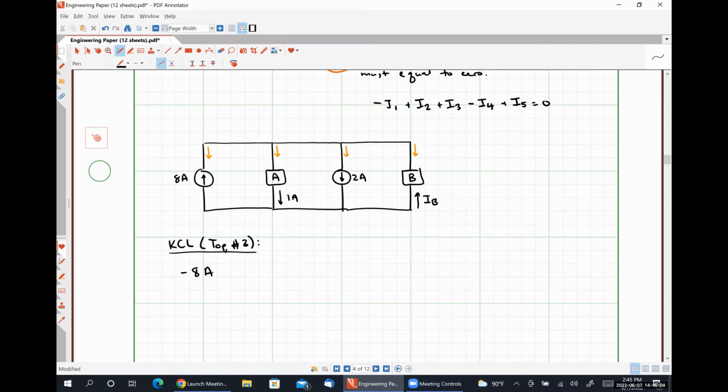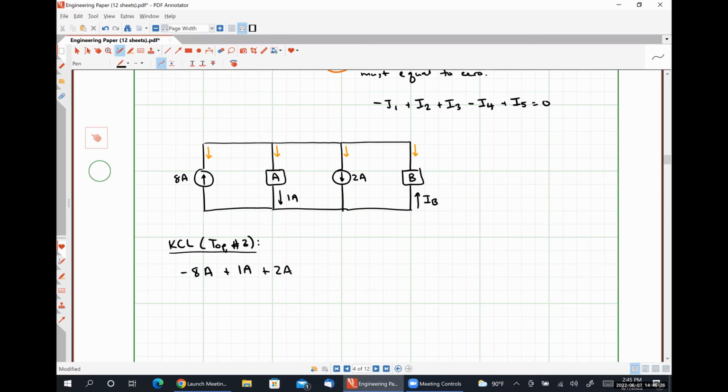The current flowing down through element A is in the same direction as that 1 amp that I've indicated, so I will have plus 1 amps. The current flowing down through my rightmost source is in the same direction as the 2 amp source, so I will have plus 2 amps.